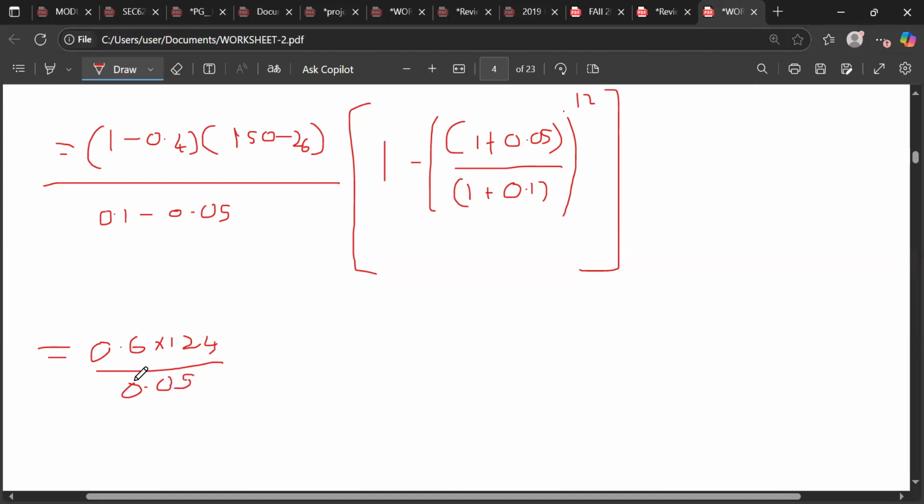Is anyone behind so far? Okay, lovely. So now multiplied by 1 minus, these two will give us 0.9545 here, raised to the power 12.